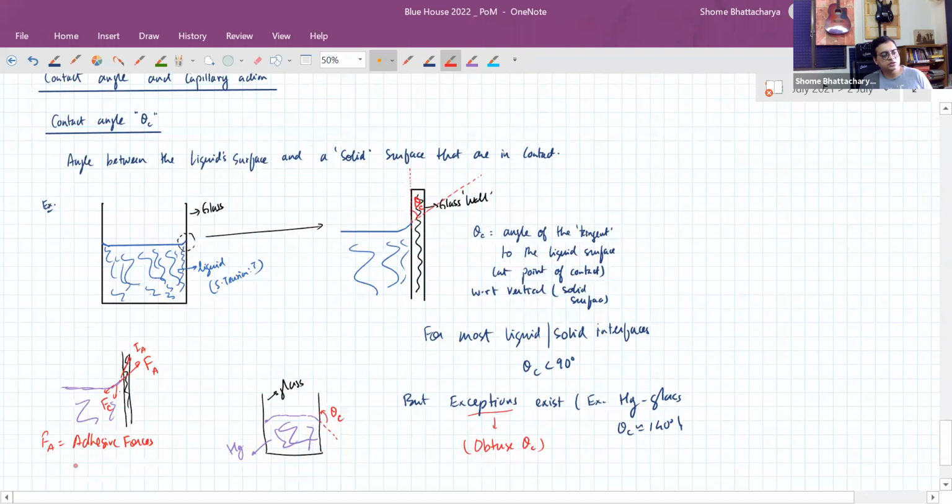So adhesive forces are the attraction forces between solid and liquid molecules.